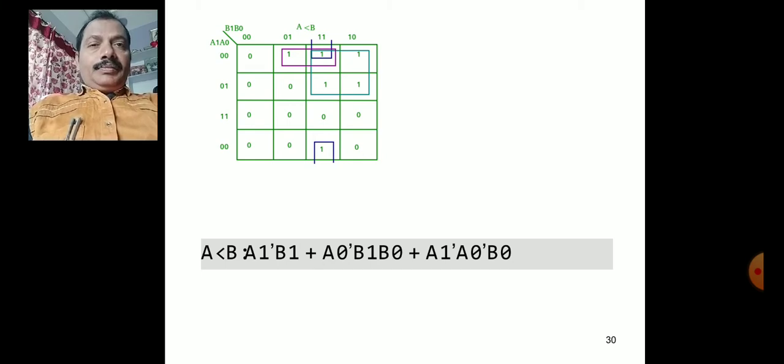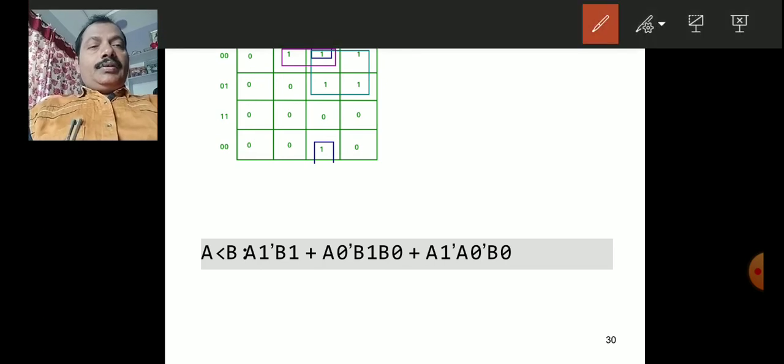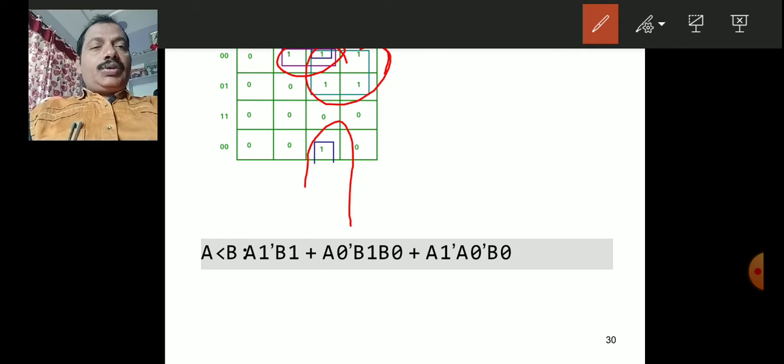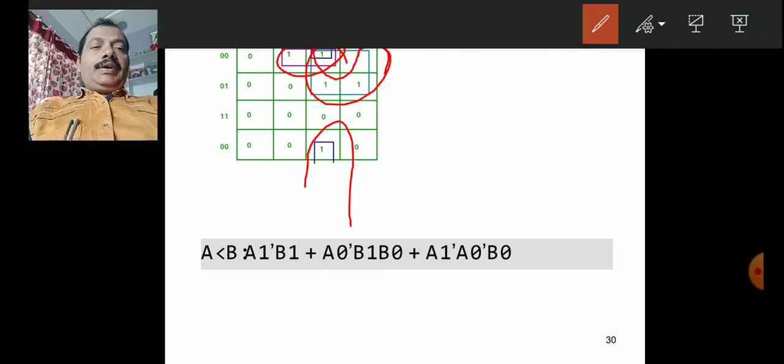You fill them in the K map, and it is possible to make a quad and two pairs like this. So this is one quad you have, and one pair you can make, and you can make another pair also like this. So this is the way of making pairs and quad.